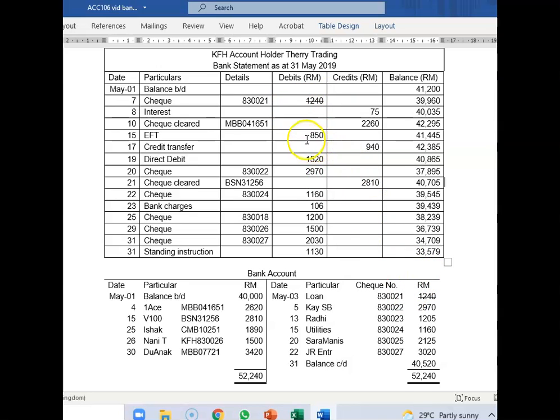Okay, let's have a look at the 850. There is no 850 on the credit side of the bank account. 1,520, still no. 2,970, we have 2,970. We have the same amount here, and we double check with the check number, the same, 22.